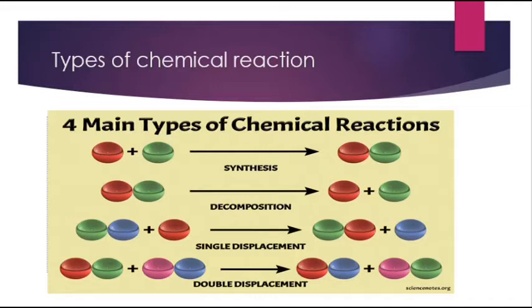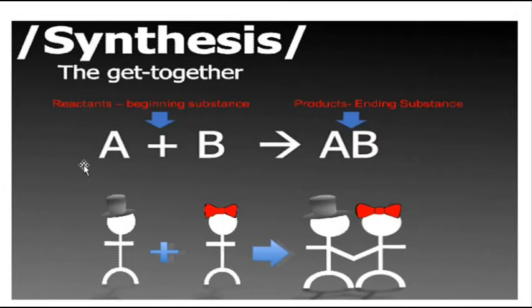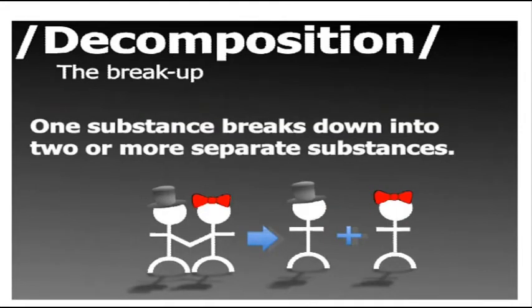All right. Let's delve deeper into the topic. Synthesis is two or more substances bonding together, forming one substance. You can see here, like I mentioned a while ago, getting married. The reactants from the beginning combine together to make a product. So A plus B will turn into AB, or C plus D will turn into CD. Decomposition, or the divorce, is when one substance breaks down into two or more separate substances.